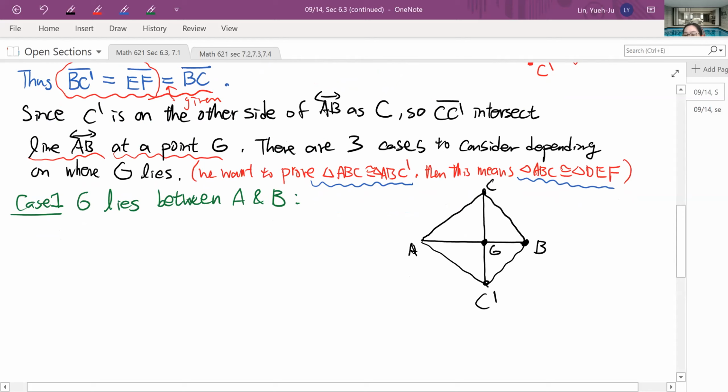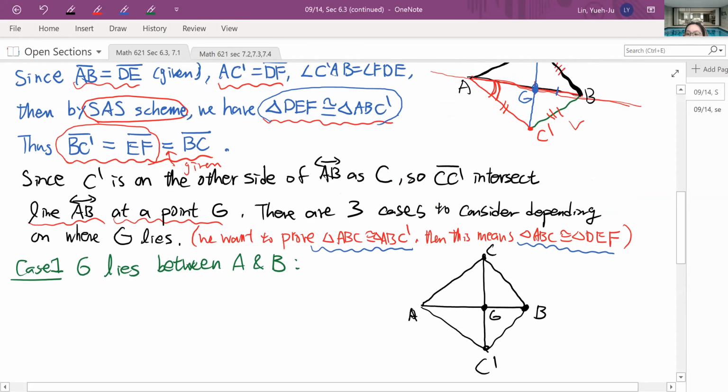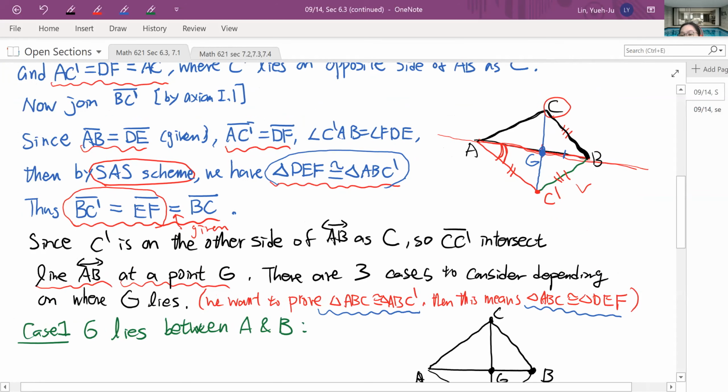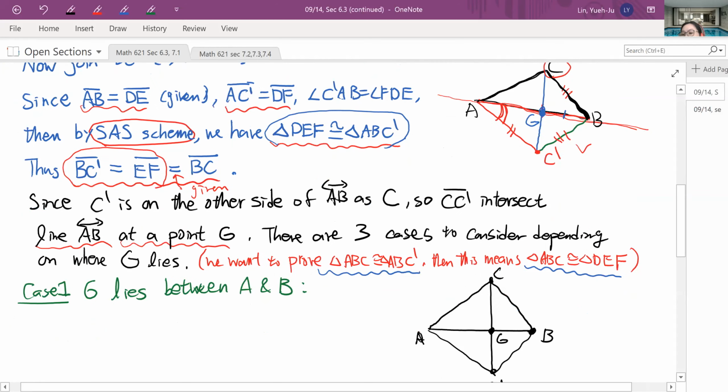Unless you have very firm evidence, do not assume what you see, because sometimes the picture can be misleading. For example, for now it looks like AB is perpendicular to CC prime, but we don't have any evidence yet to justify or conclude it, right?